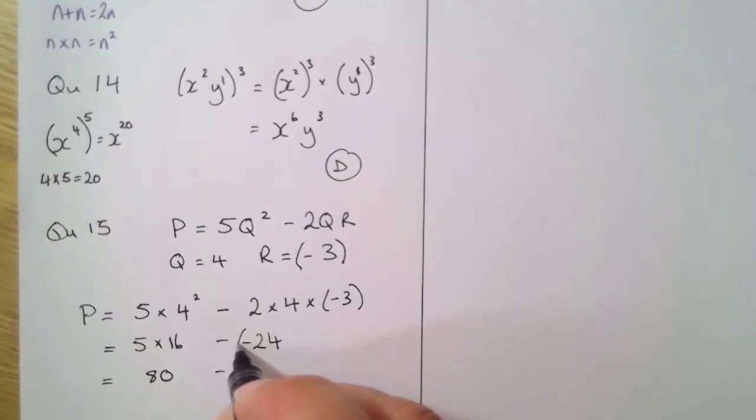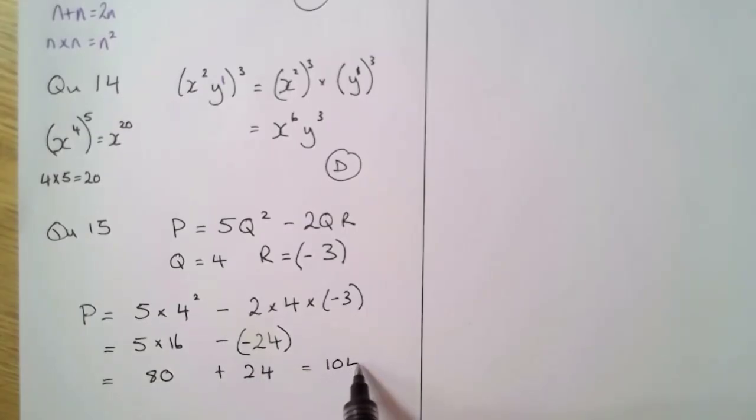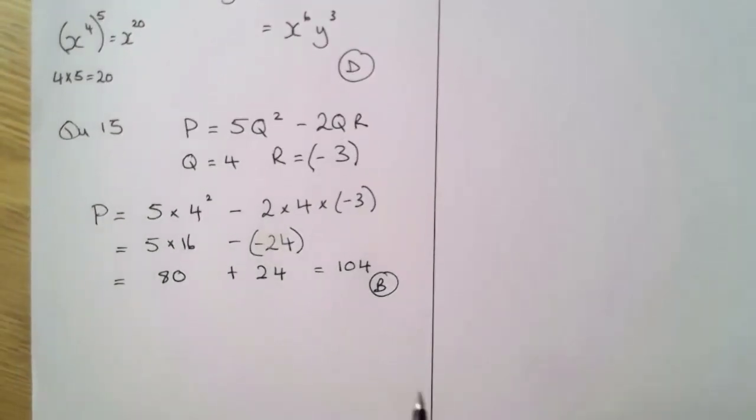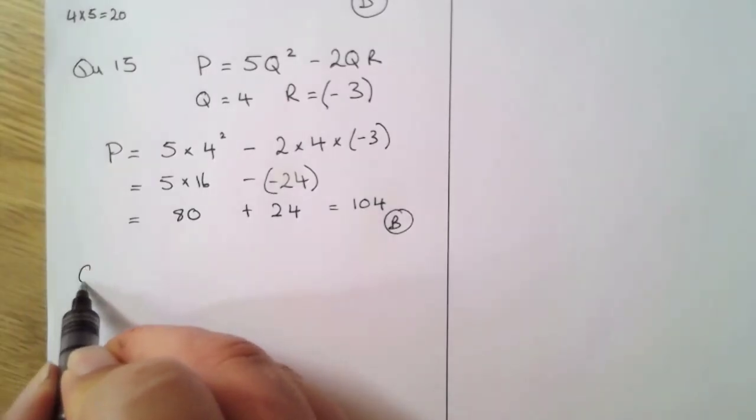However, it is -24. So what we're doing here is we are adding 24. Subtracting a negative number means that we are adding 24. 80 plus 24 is 104. And this answer is B. I was beginning to doubt myself there. I'm trying to do 8 times 3 fast in my head. There are some times tables that I just don't like.